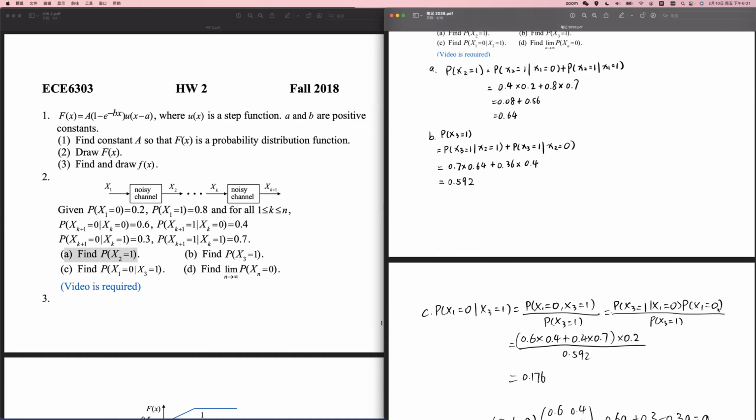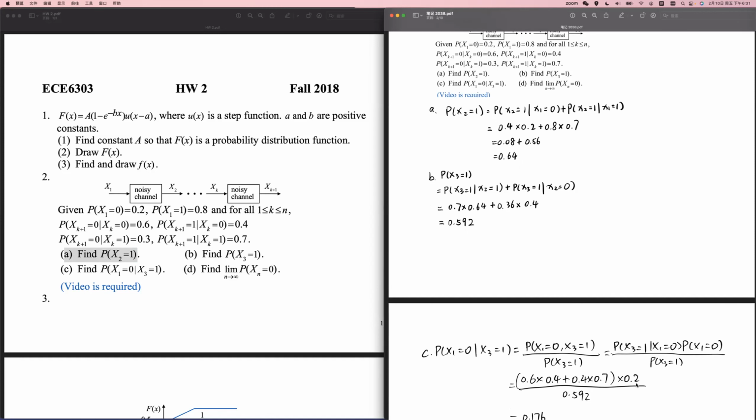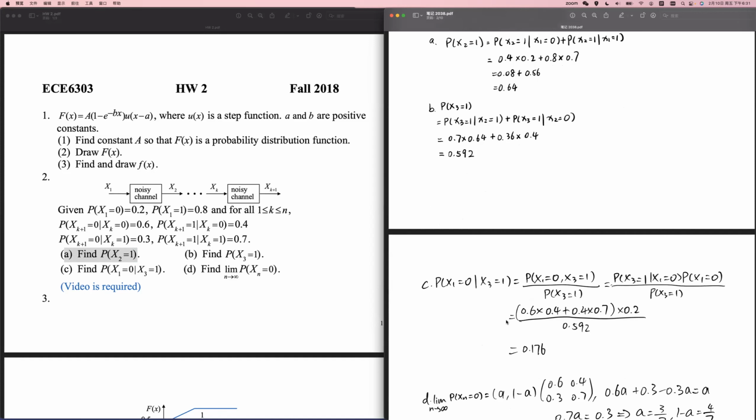And then the probability of x1 equals 0 is 0.2, so I type 0.2 over the probability of x3 equals 1, which is 0.592, which I got in part B.